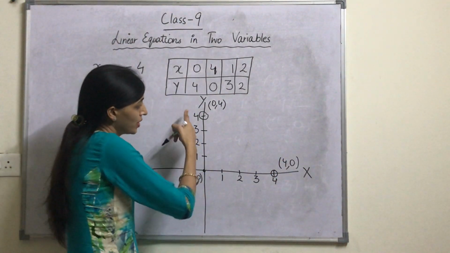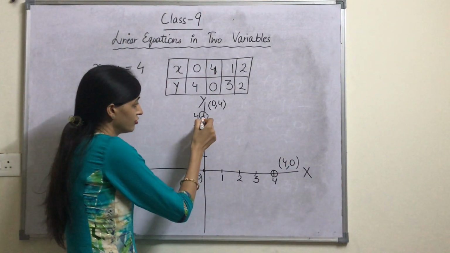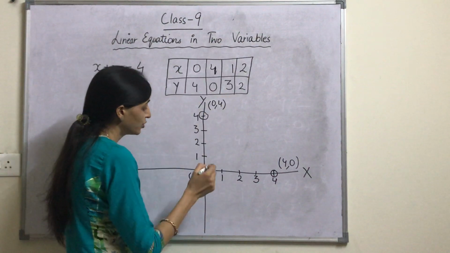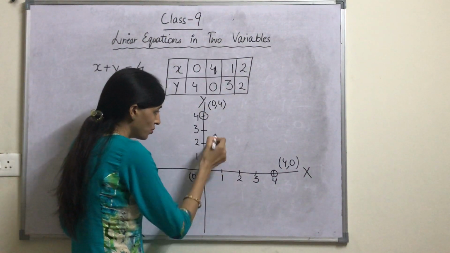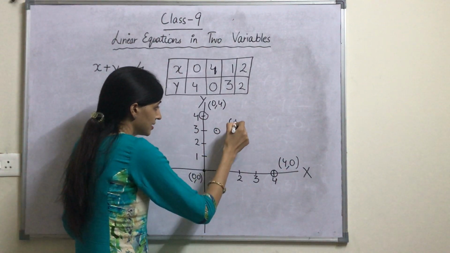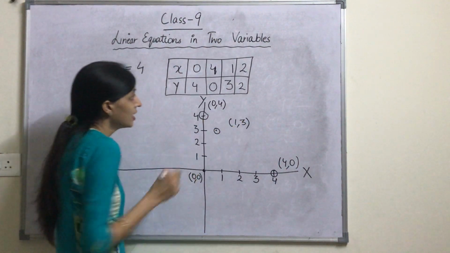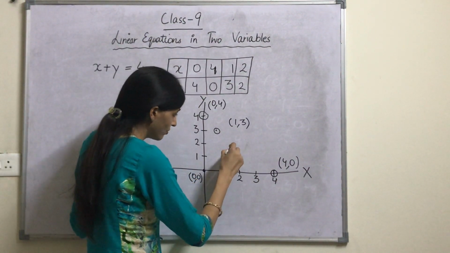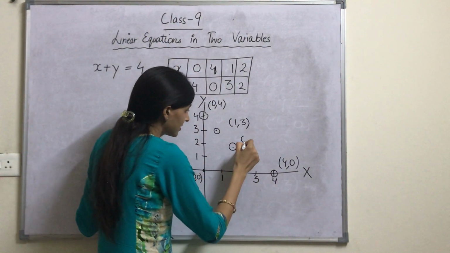That means the line will go like this, joining this point to this point. x is 1, y is 3, so the point will come somewhere here. x is 2, y is 2, so the point will come over here.